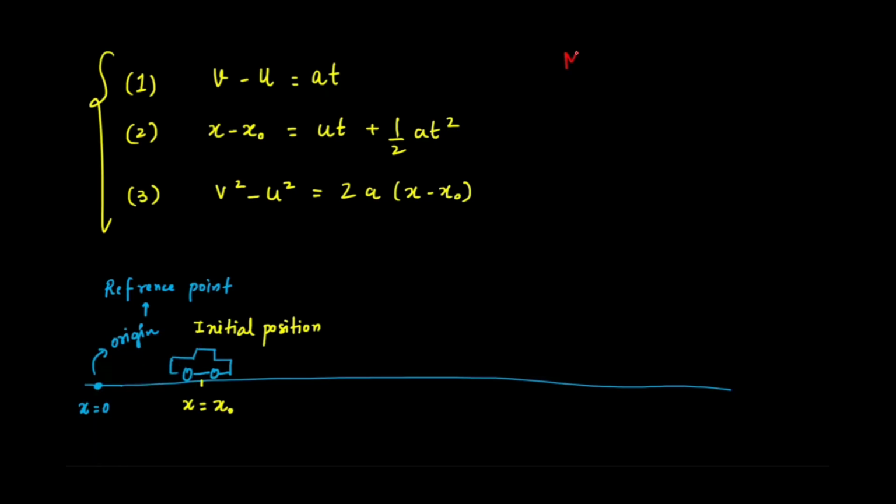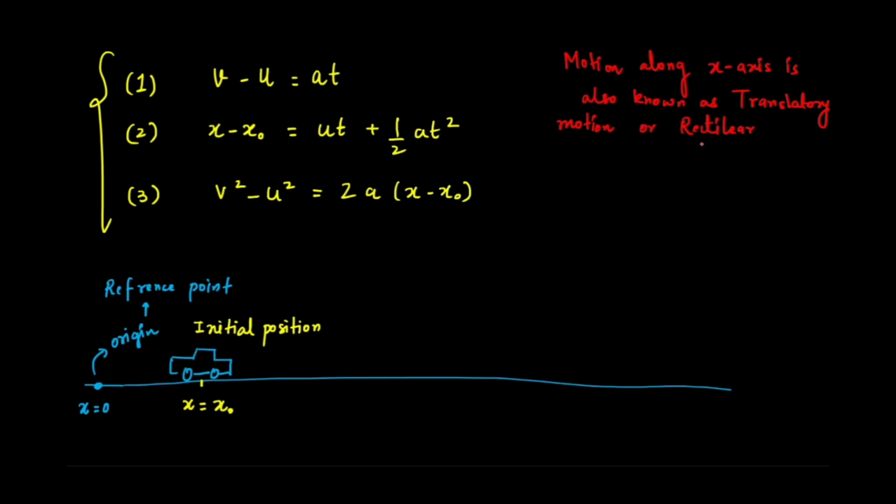Let me write it here. So motion along x-axis is also known as translatory motion. Apart from this, it is also known as rectilinear motion.